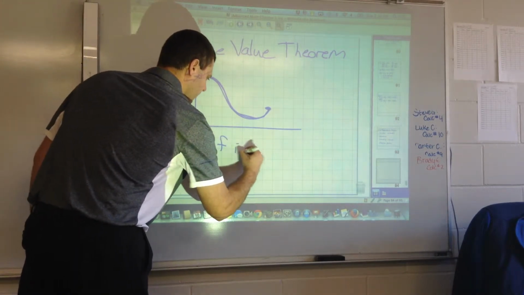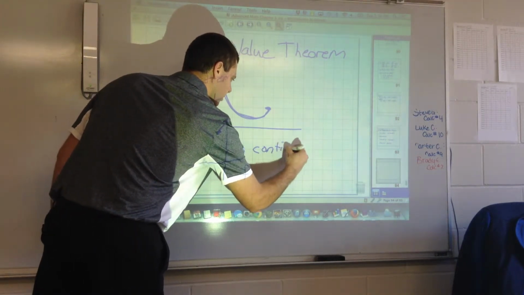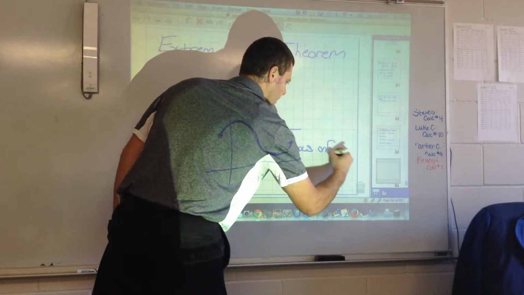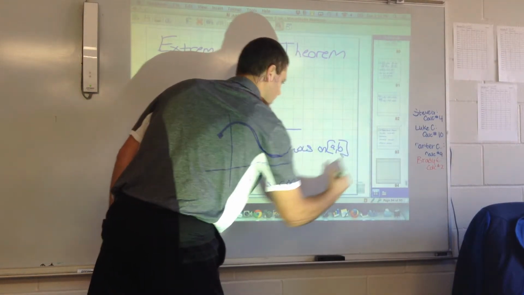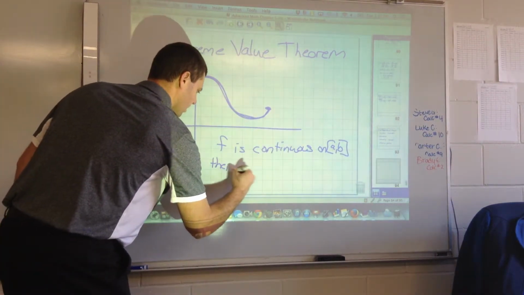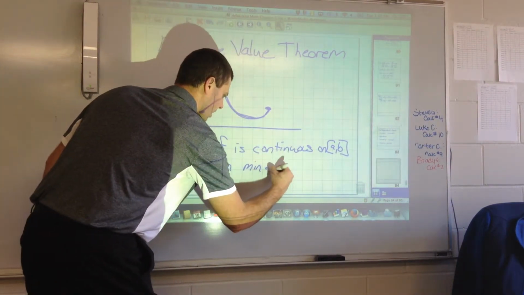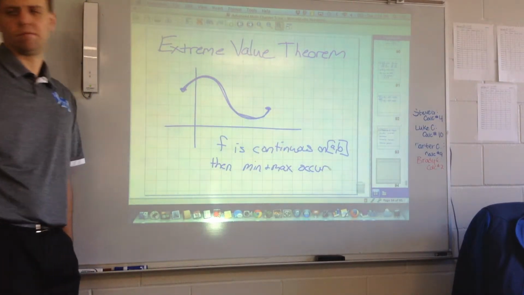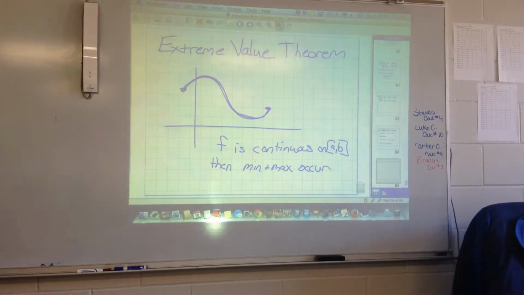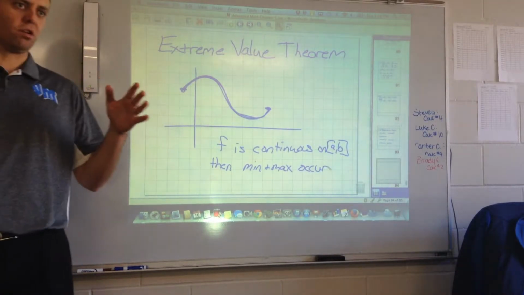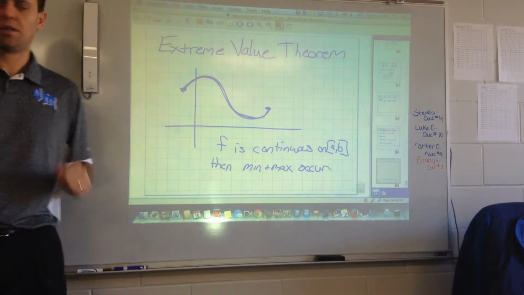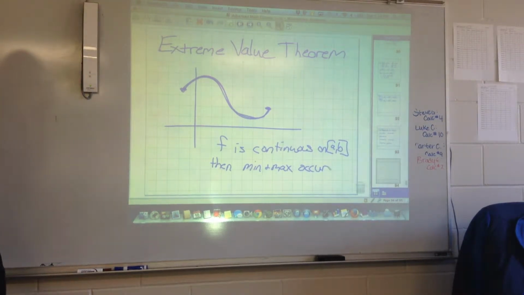So f is continuous on a closed interval, then min and max occur. Kind of in a nutshell, the extreme value theorem is basically saying if we have a continuous function on a closed interval, there are extreme values. There are maxes and mins. So you'll be able to get both.